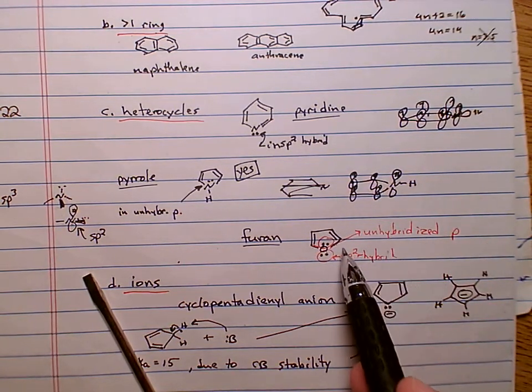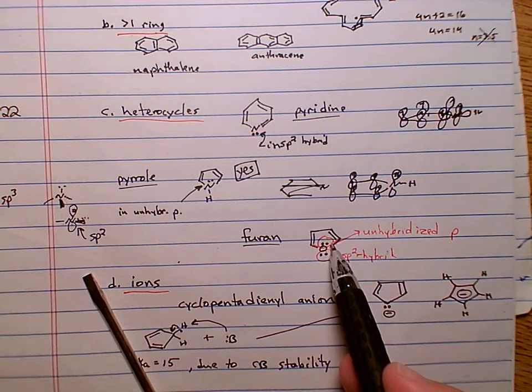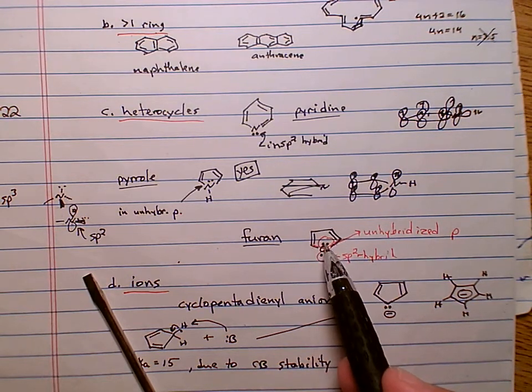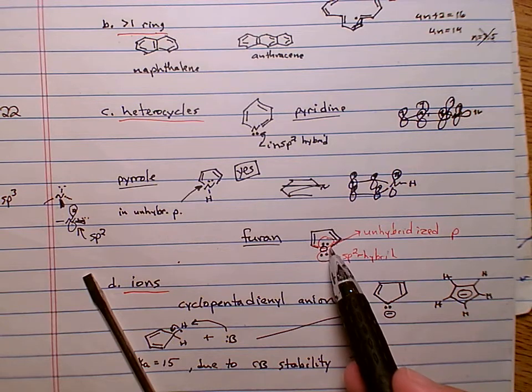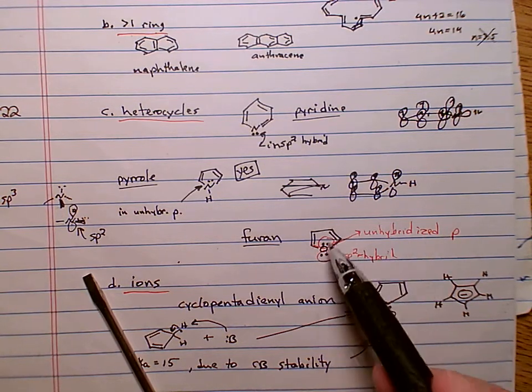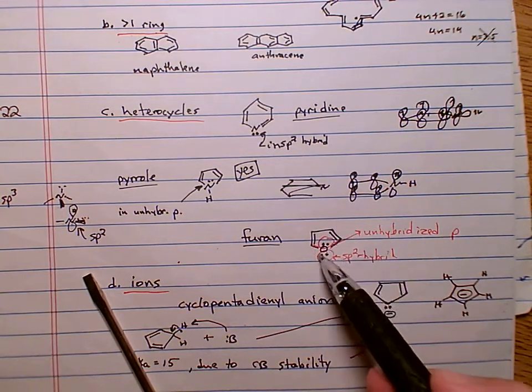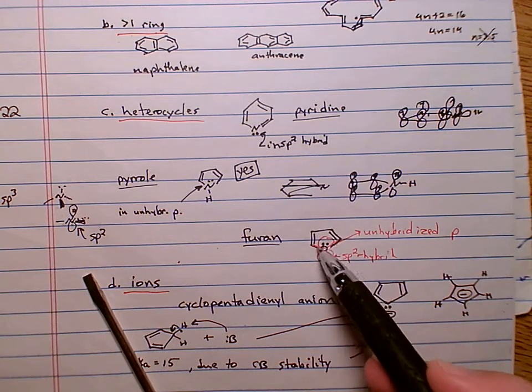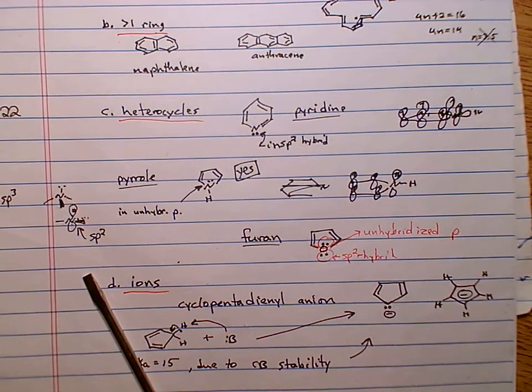And if this lone pair is in the unhybridized p right here, then I've got 1, 2, 3, 4, 5, 6 electrons in pi orbitals. It's cyclic, it's conjugated, sp2, sp2, sp2, sp2, sp2, then it is aromatic.